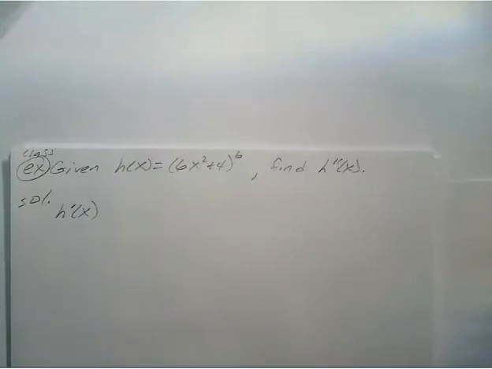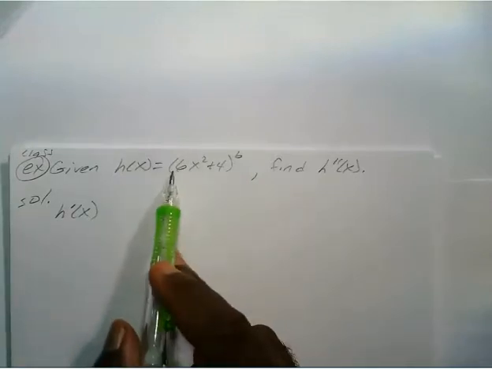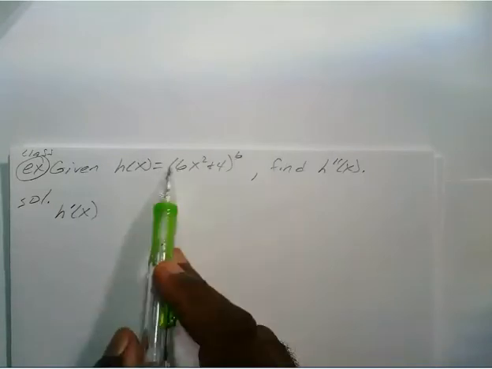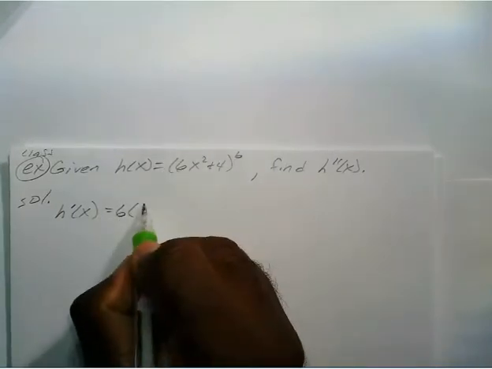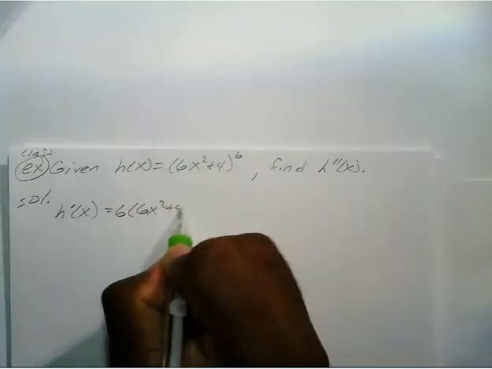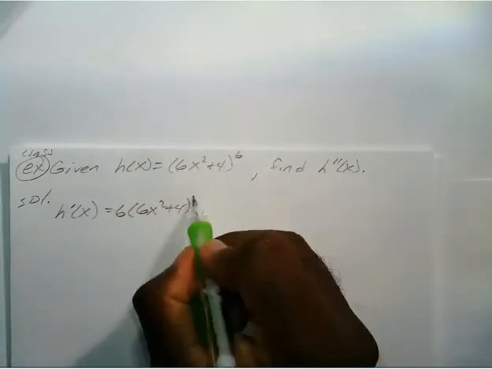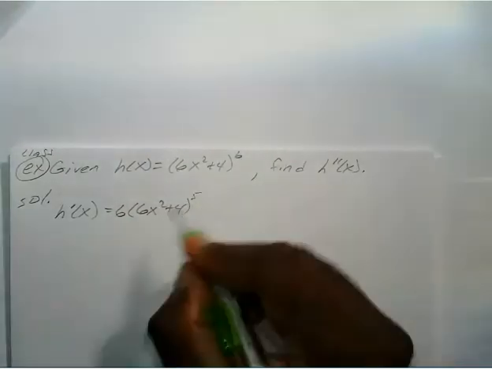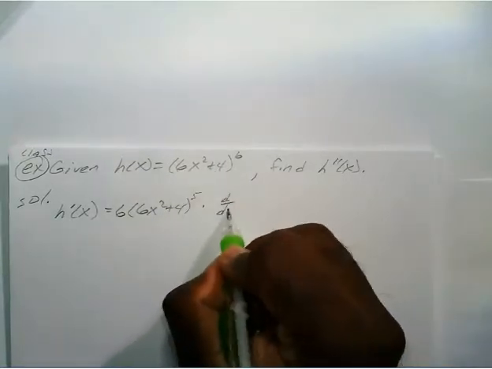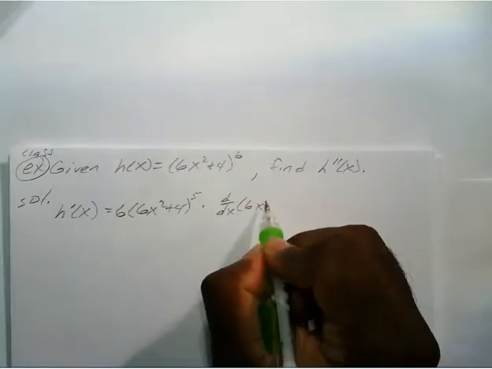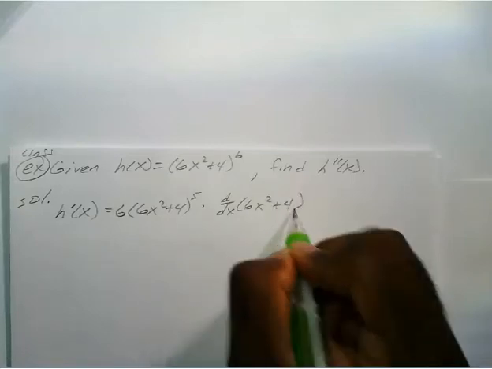Okay, so first we find our first derivative. So we find the derivative of the whole thing. So we bring down the 6. 6x squared plus 4. Then we subtract 1, so to the 5th power, times the derivative of what's inside, 6x squared plus 4.